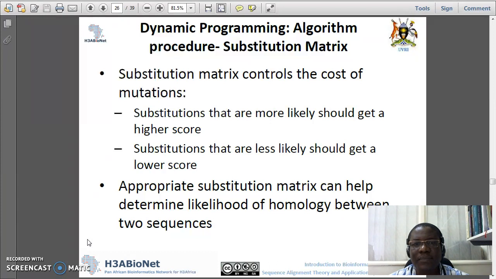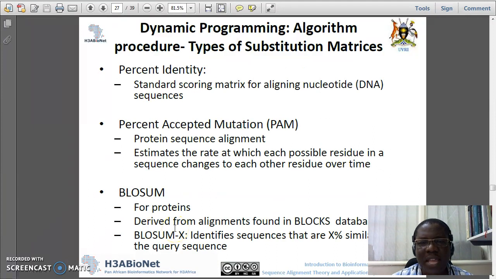So when you are doing an alignment, think about the type of substitution matrix that's appropriate for the comparisons that you have in mind. So what options do we have in this regard? Well, the sequences that we compare fall into categories. You have the nucleic acids, which is DNA most of the time, and we can have amino acids or proteins.